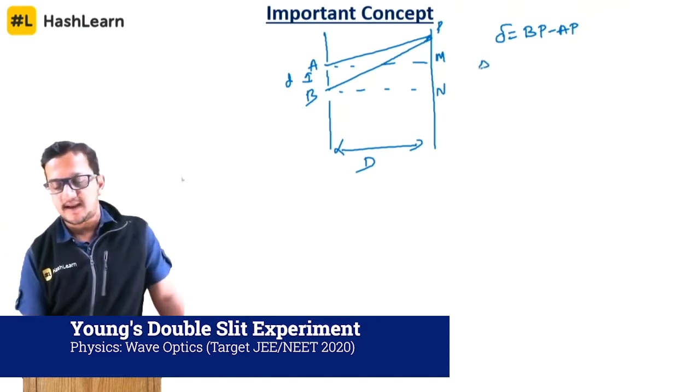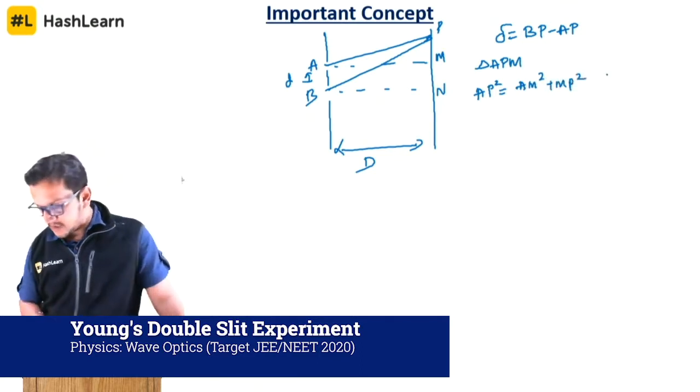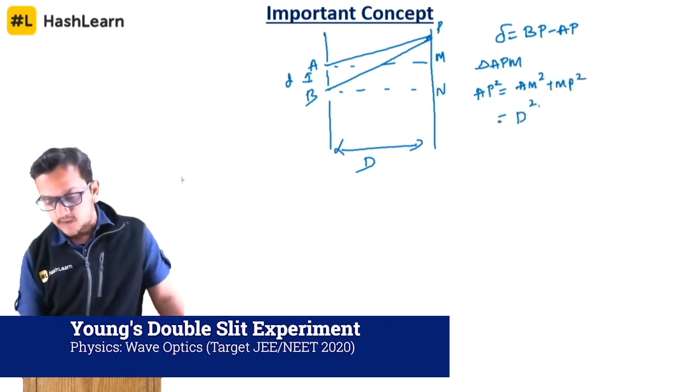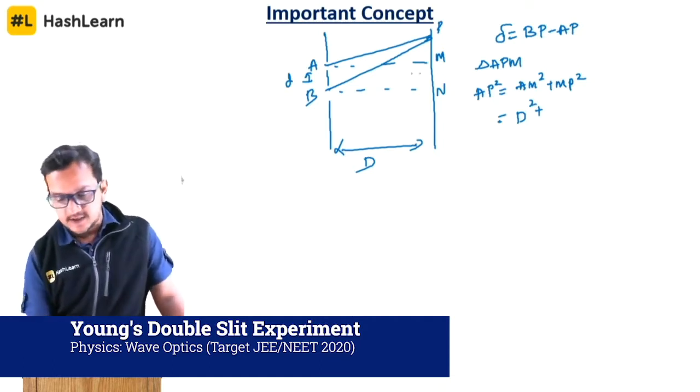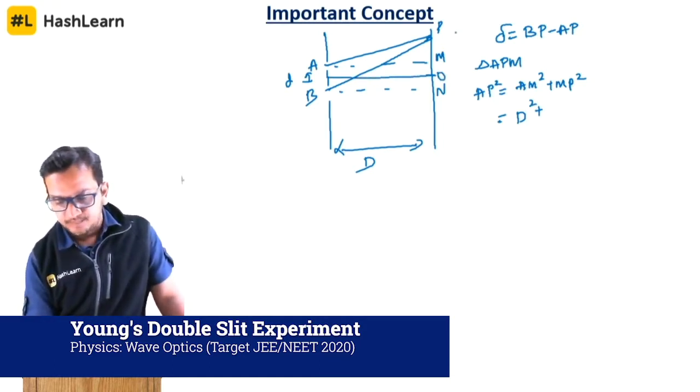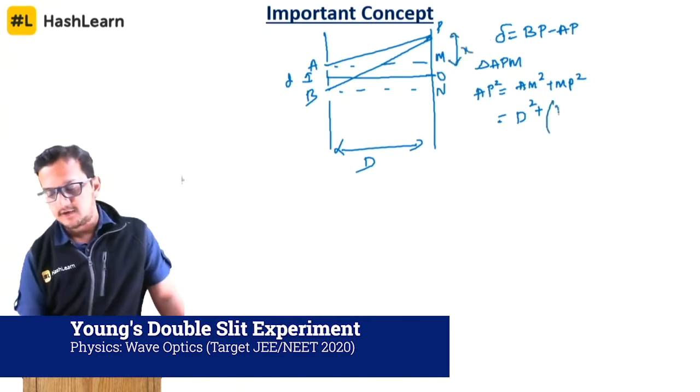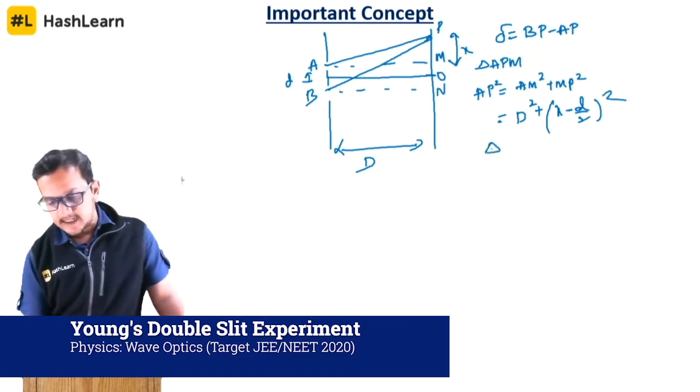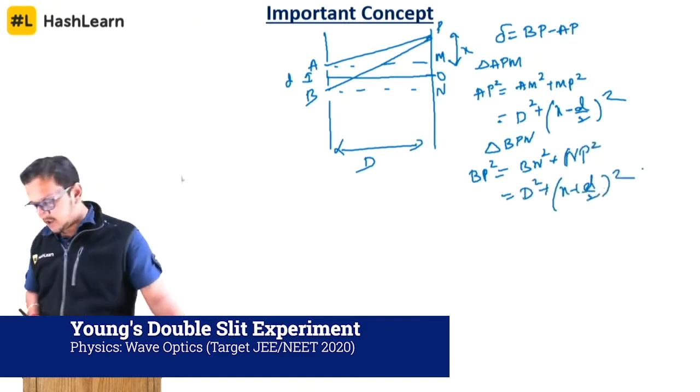In the triangle APM, AP square equals AM square plus MP square, which is equal to capital D square plus, if I assume from the center of the screen O this distance is x, x minus d by 2 the whole square. And from the triangle BPN, BP square equals BN square plus NP square, which is equal to capital D square plus x plus d by 2 the whole square.